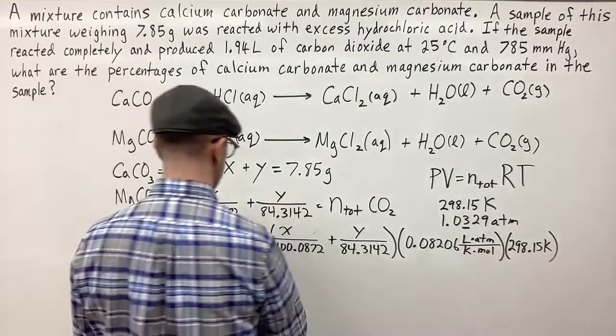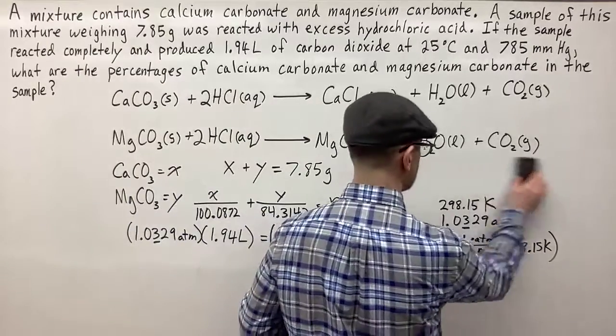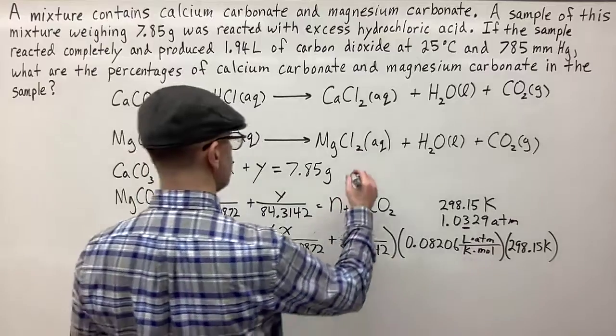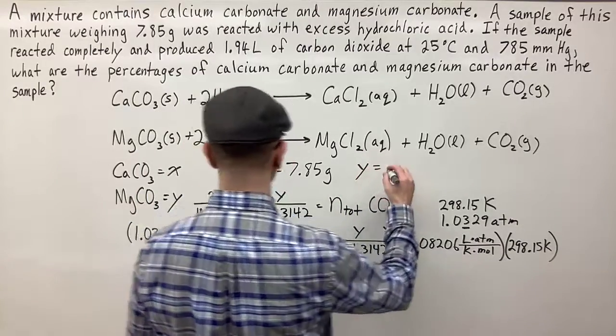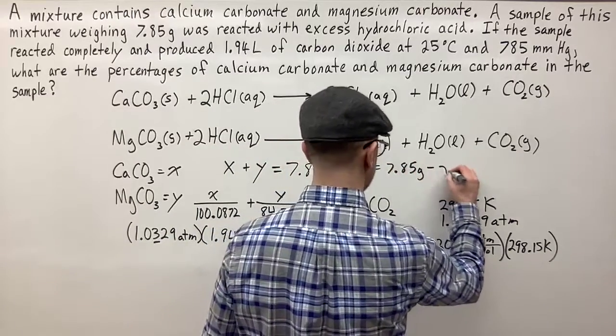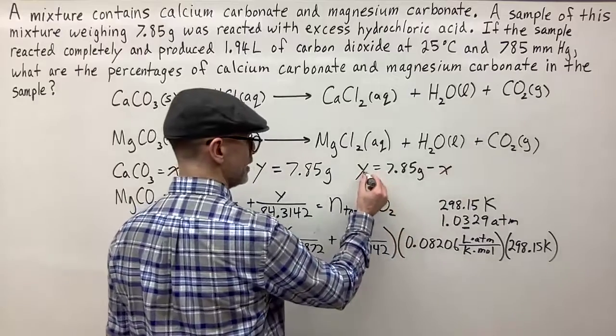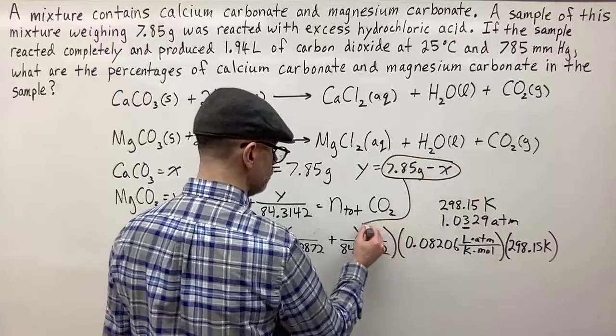So this is going to be Y is equal to 7.85 grams minus X. So now that I have Y equal to this, I can now substitute this in for Y.